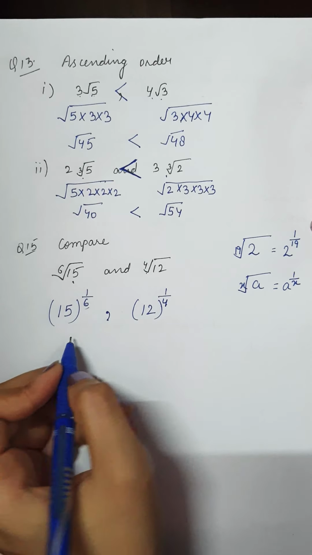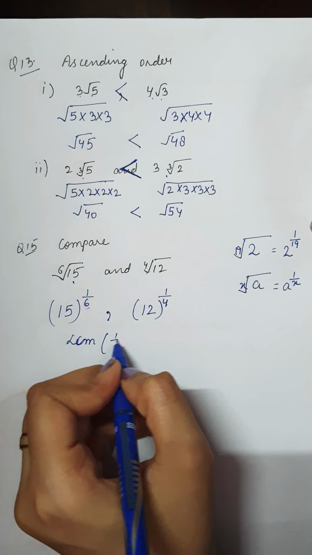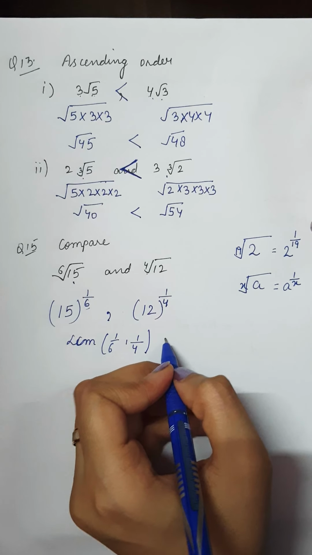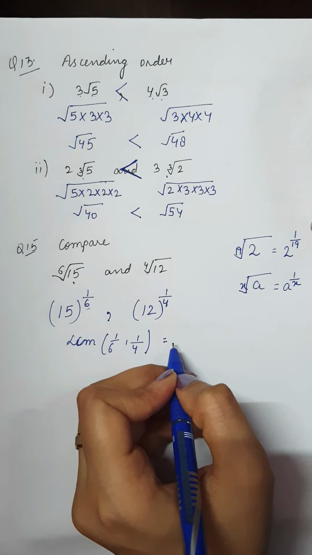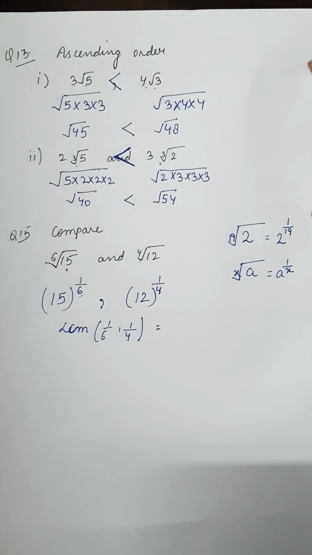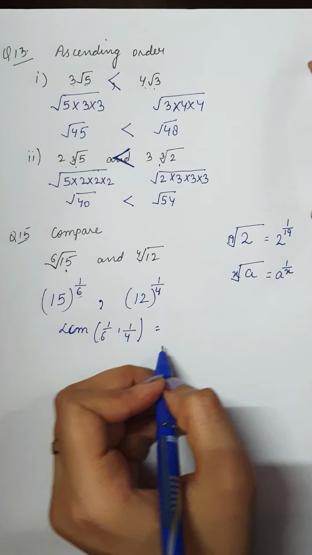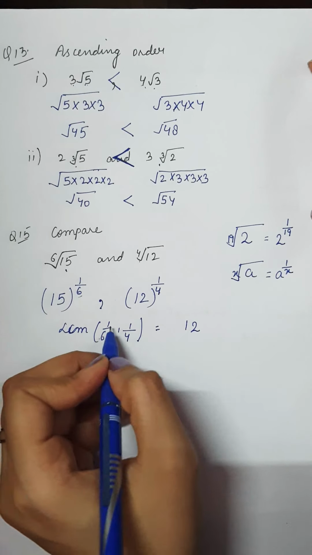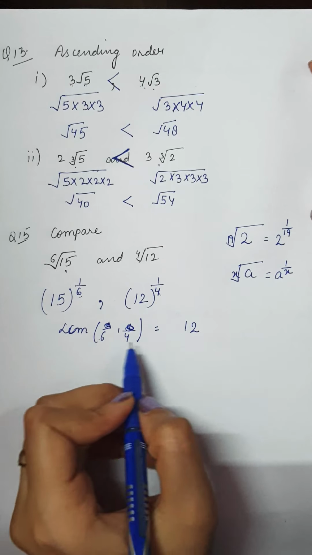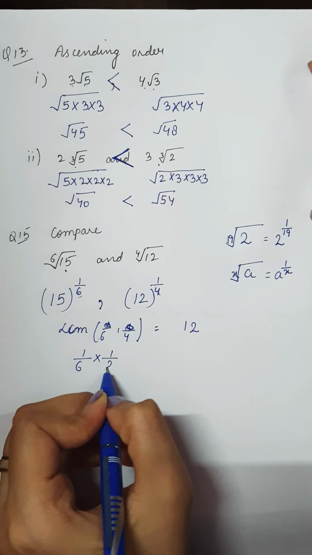So I need to take the LCM of 1 by 6 and 1 by 4. LCM of 6 and 4 will be 12. So for the denominators 6 and 4, we will take LCM 12.